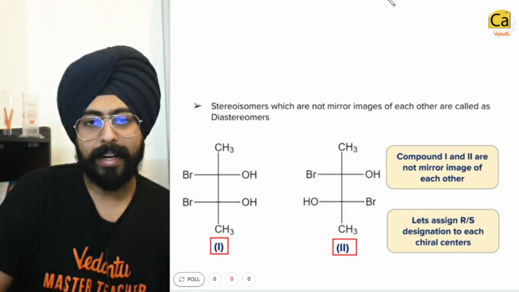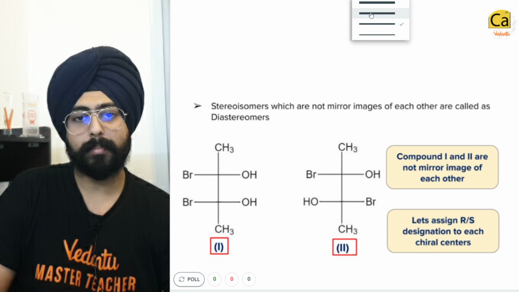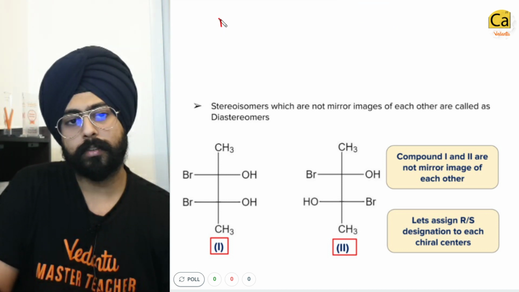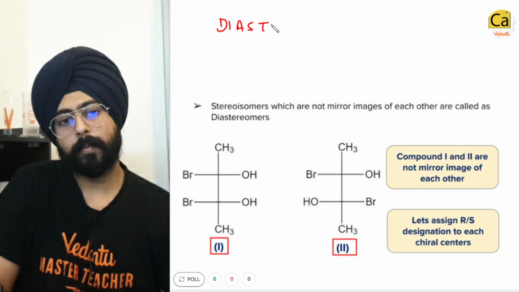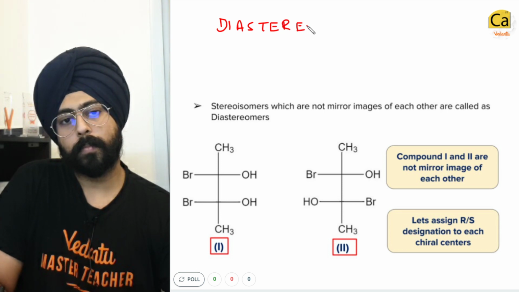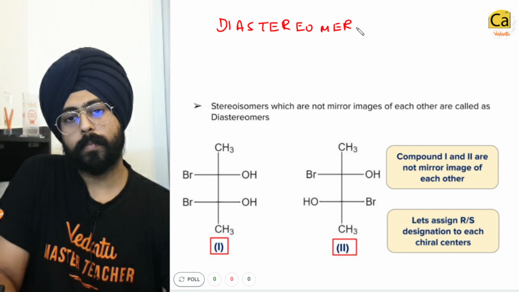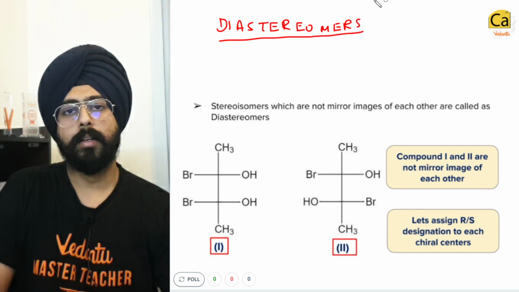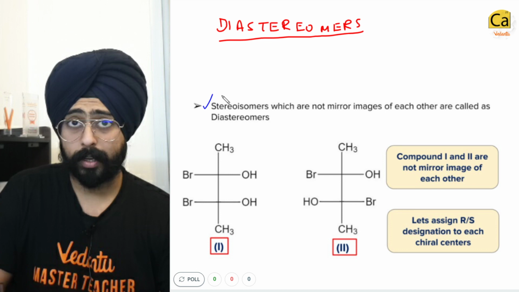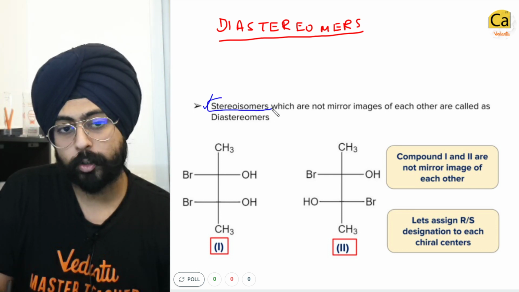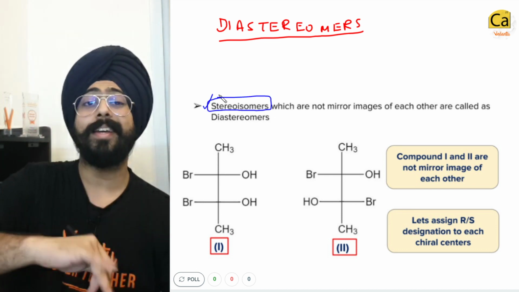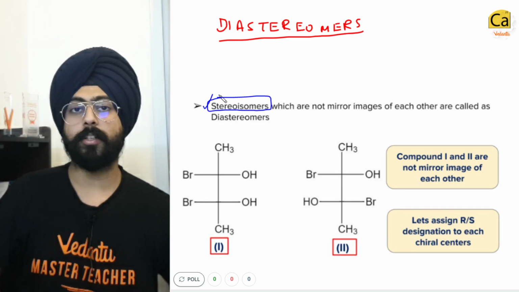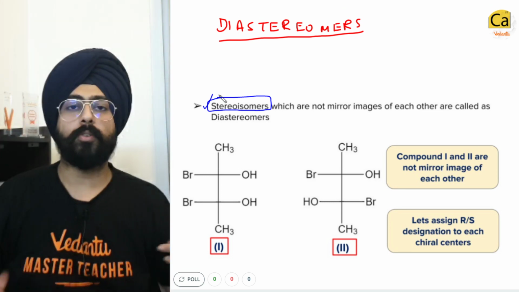Let's go. And then some people asked me, sir, what are diastereomers? Stereoisomers. Mind the word stereoisomers, not optical isomers, stereoisomers. Stereoisomer is a broader category than optical isomerism.